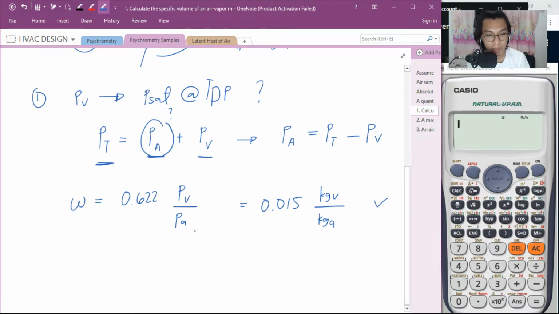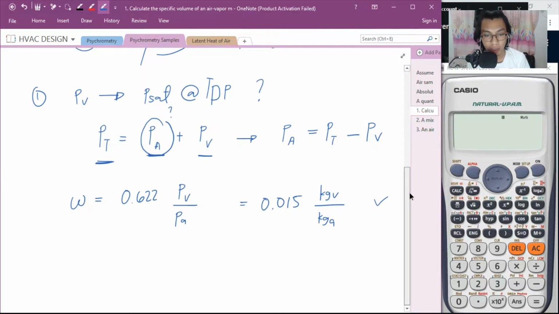Okay. Given si PT. Pwede natin i-reform to. W, 0.015. Wag na natin lagay unit kasi non-unit yan. Equal to 0.622 PV over PT minus PV.